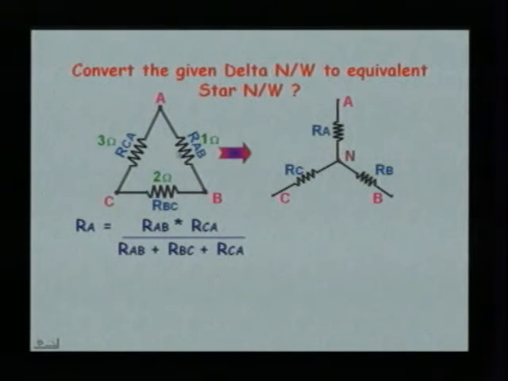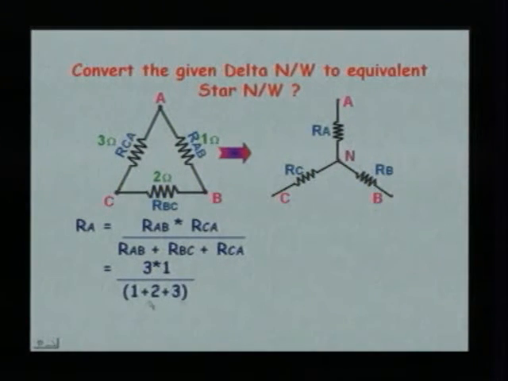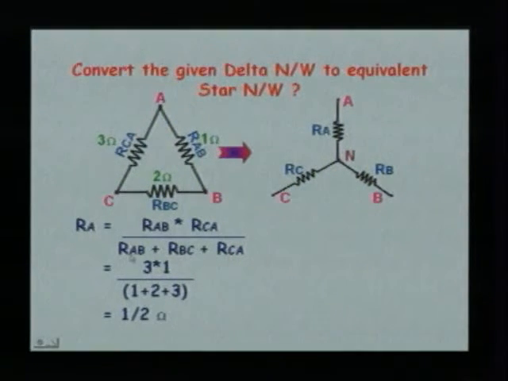If you want RA, take the adjacent arms RAB, RCA divided by the sum of all the arms. Let us put in the values and solve. RAB into RCA, that is 1 into 3, divided by 1 plus 2 plus 3, which comes to 3 by 6, which is 1 by 2 ohms.